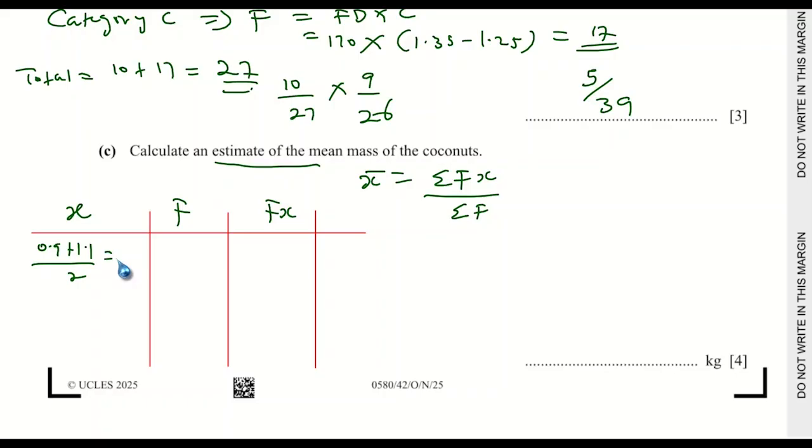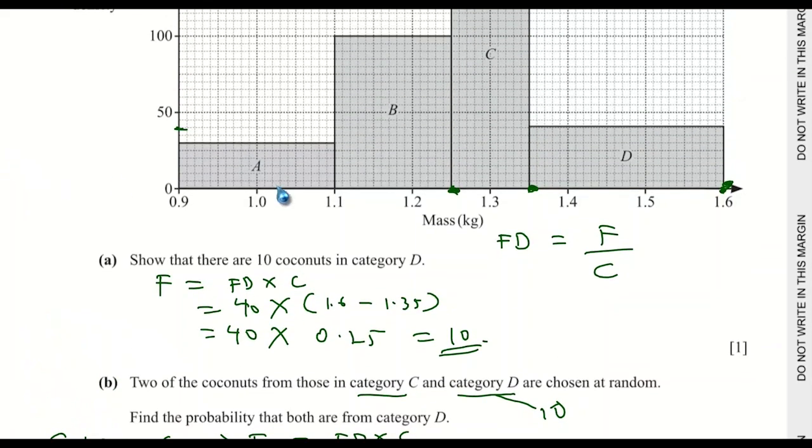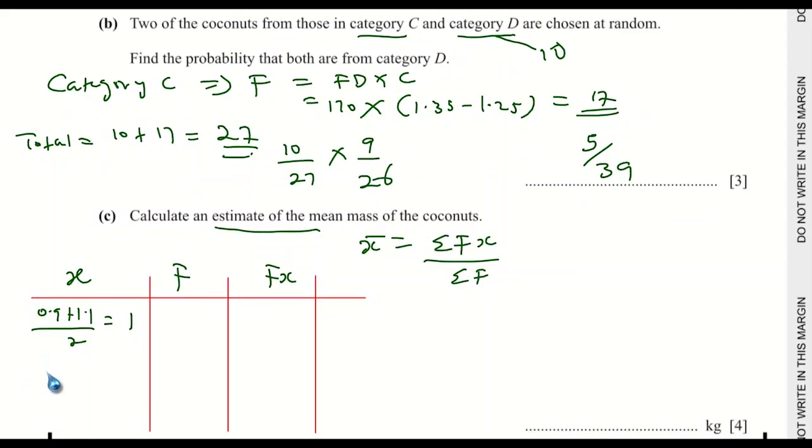So the value of x here is 1. For the second one, it is going to be 1.1 plus 1.25 divided by 2. So that will be 1.175. That will be for category B.